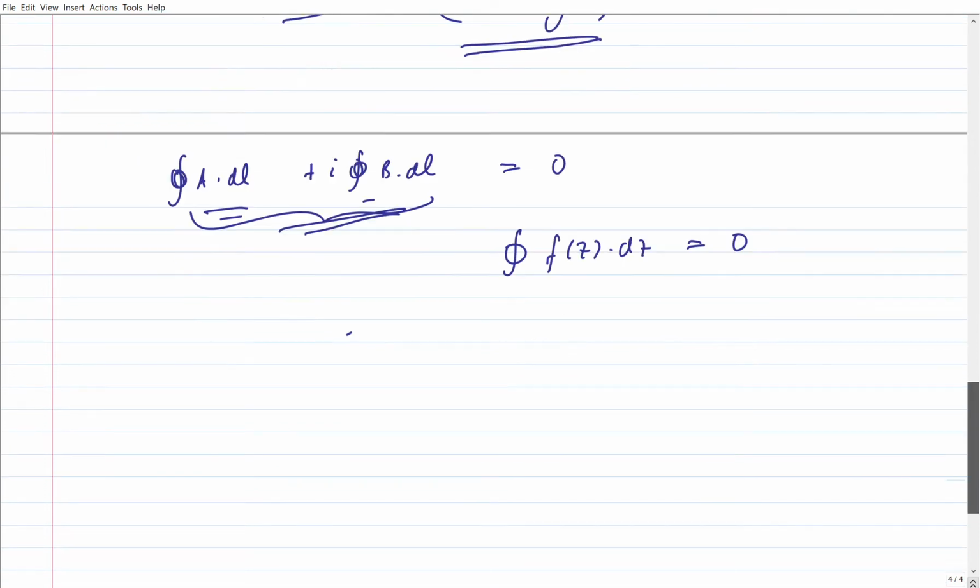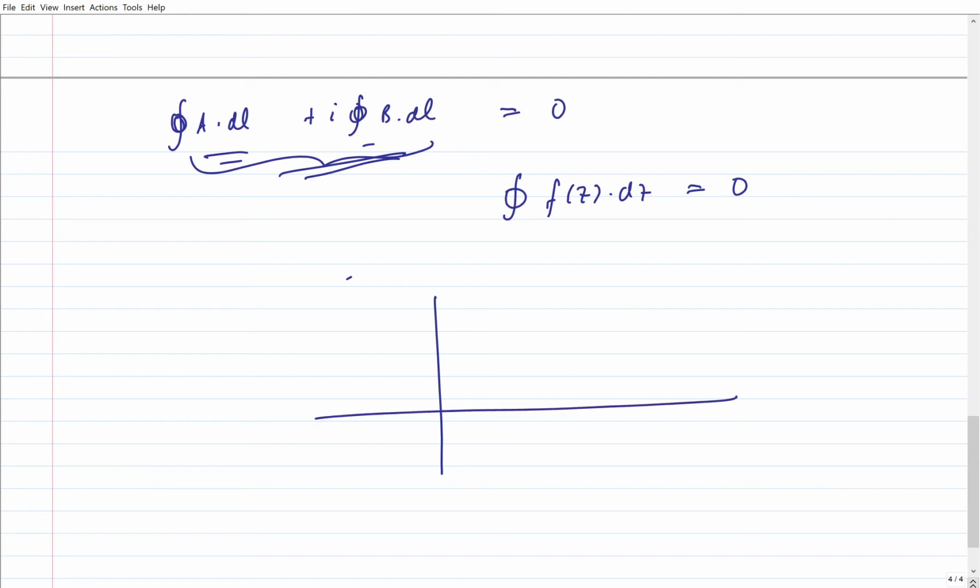So what does that mean? That means evaluated over this entire loop, if the function is analytic, I get fz dz equals to 0.